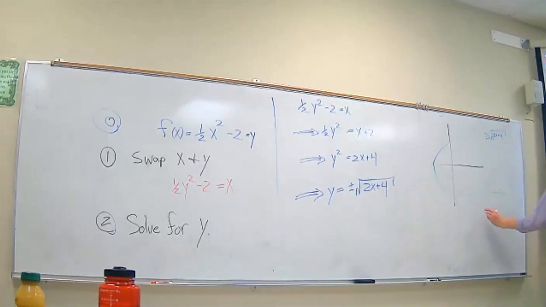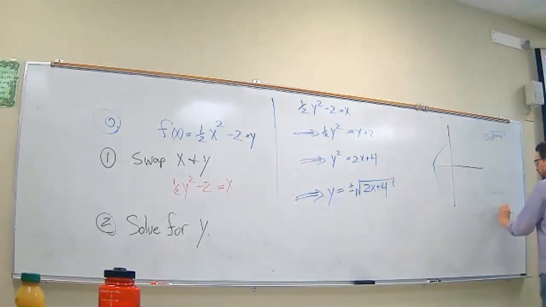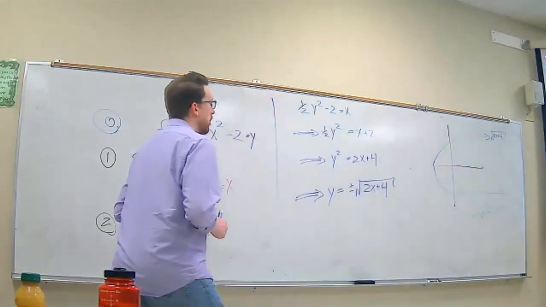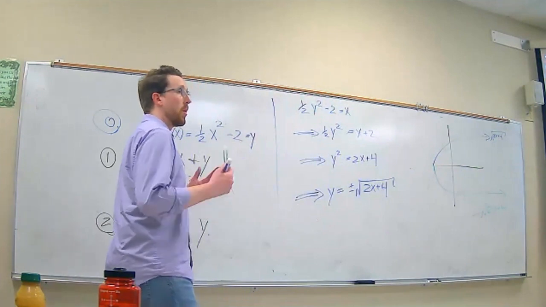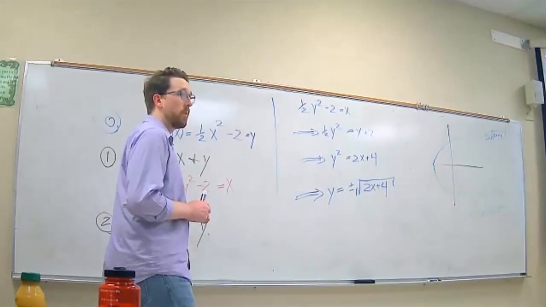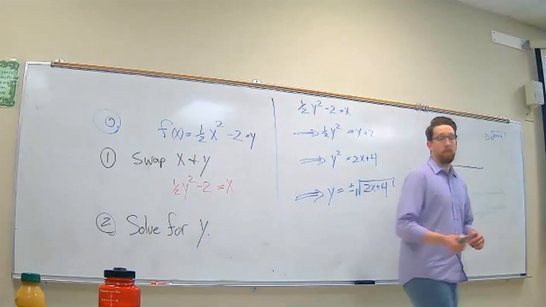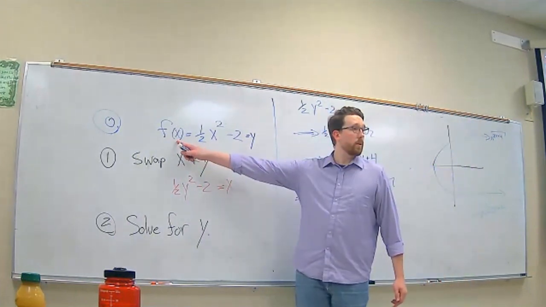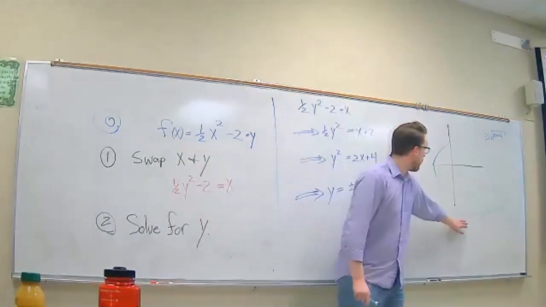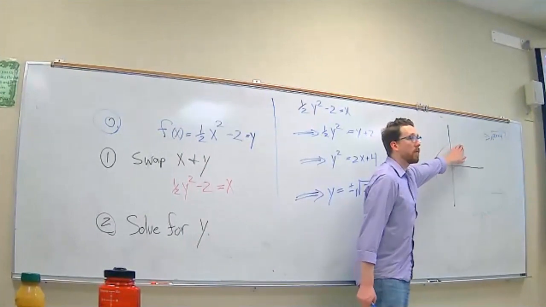And this is the negative square root of 2x plus 4. Depending upon which restriction you used. If you used the restriction that the domain of f of x is from -∞ to 0, then you use the negative. If you use 0 to infinity, then it's a positive, right?